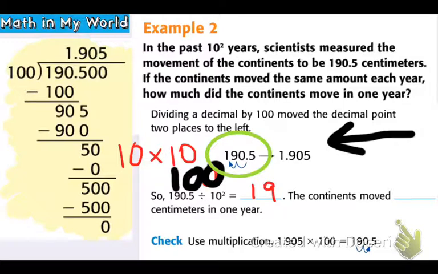I'm going to keep the 1905. And I'm going to make sure that I move my decimal from 190 over right next to that 1, so that I move it 2 places to the left. The continents moved, and I know they moved that much in 1 year, right?